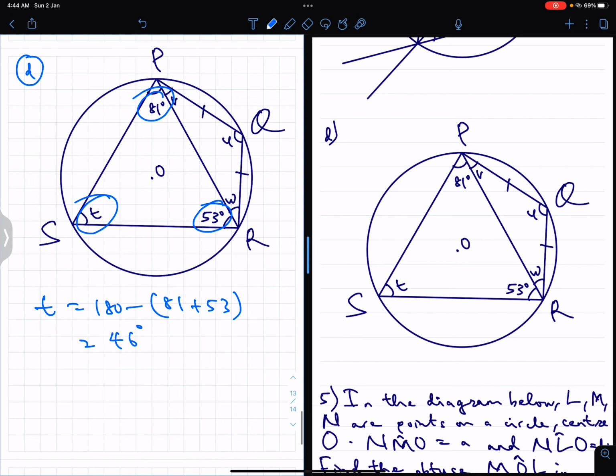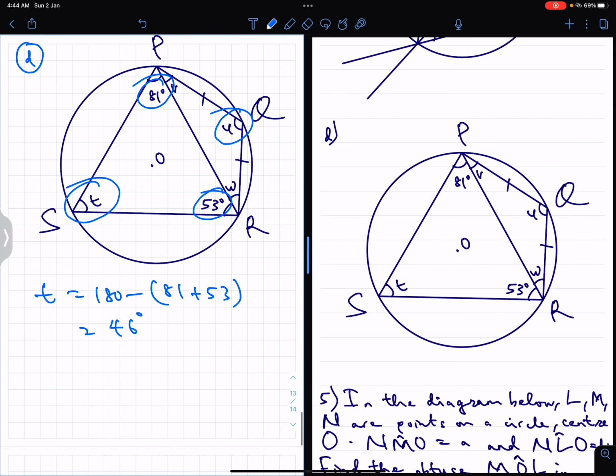Now that we know T, we can also see that T and U are opposite angles of a cyclic quadrilateral, and the cyclic quadrilateral is SPQRS.